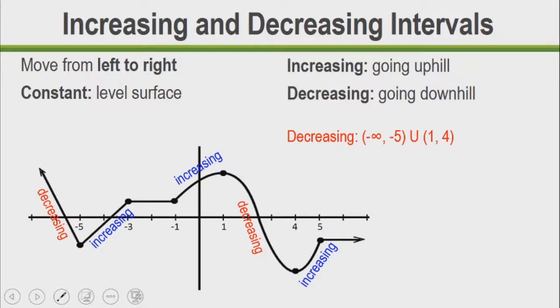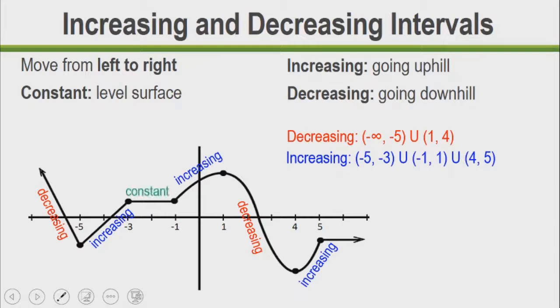And from positive 4 to positive 5, the function is also increasing. So that's why for the increasing part we can write parentheses negative 5, negative 3, then union, negative 1, positive 1, union, 4, 5. So over these three intervals, the function is increasing.